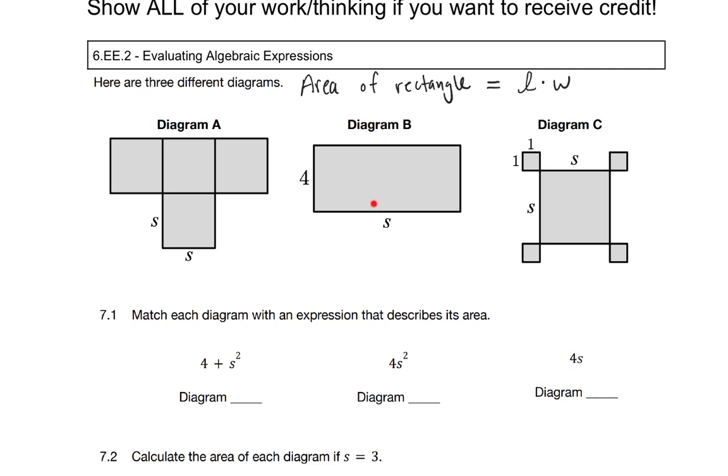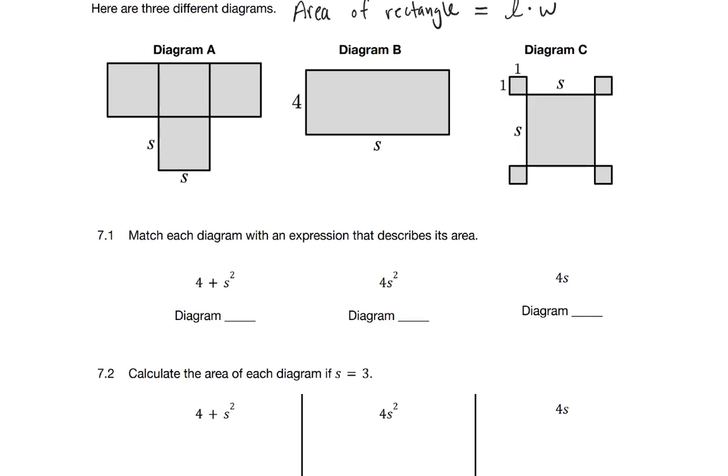To find the area of a rectangle, you just do length times width, so it would be S times 4 or 4 times S. Which of these diagrams has that as the expression? 4S is 4 times S, which matches here. So diagram B is just 4S.